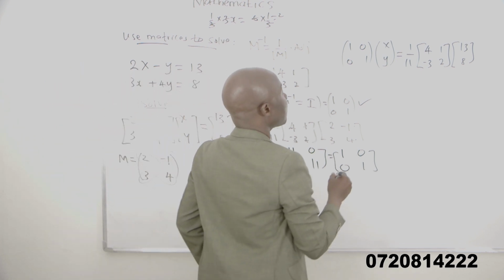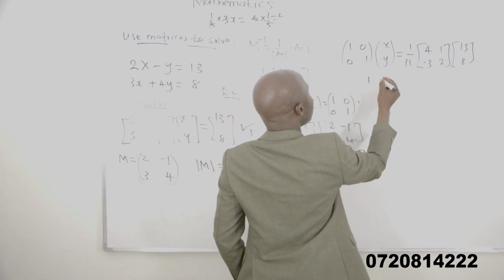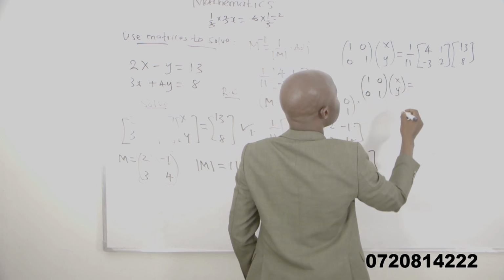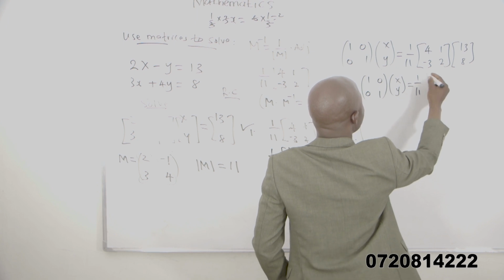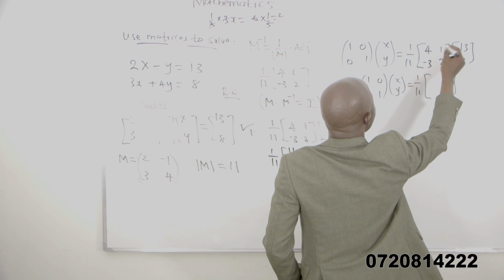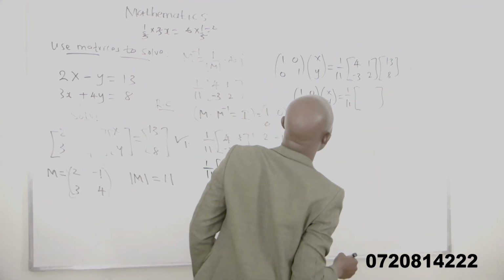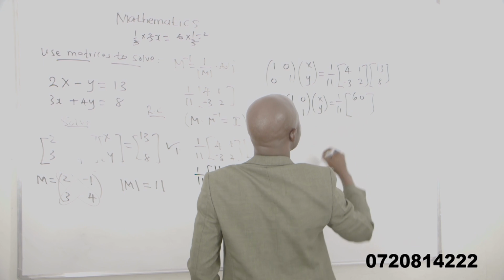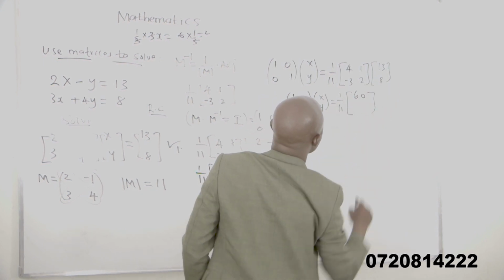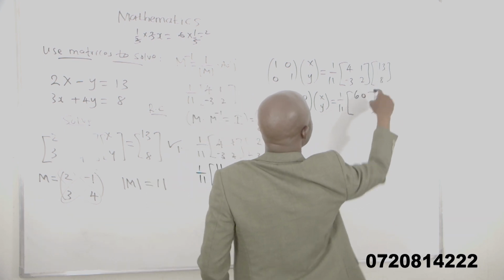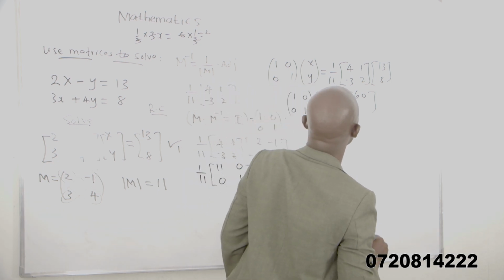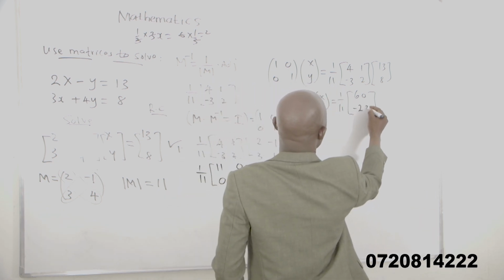So you come here and say 1, 0, 0, 1 as a product with x, y becomes 1 over 11, 4 times 13 plus 1 times 8. So here 52 plus 8 is 60. Negative 3 times 13 plus 2 times 8 is negative 39 plus 16, which is negative 23.